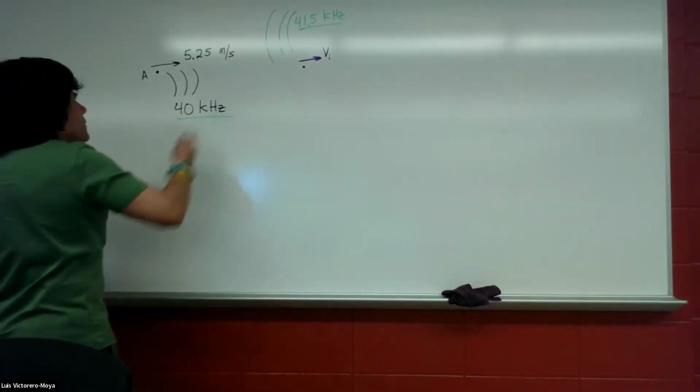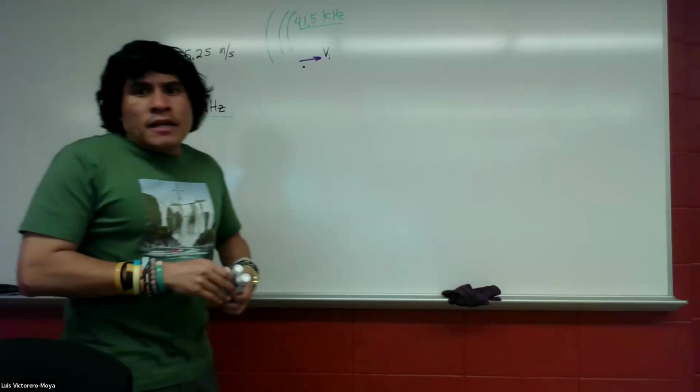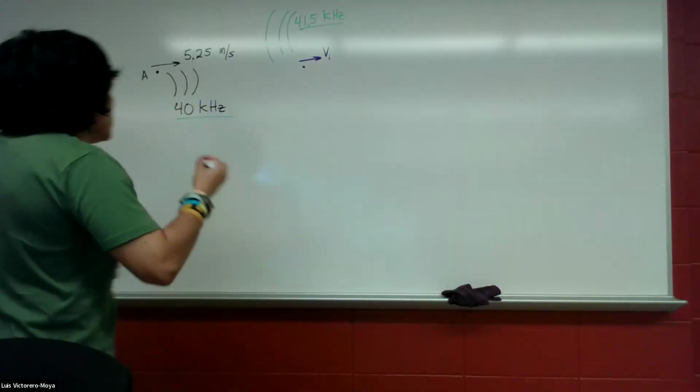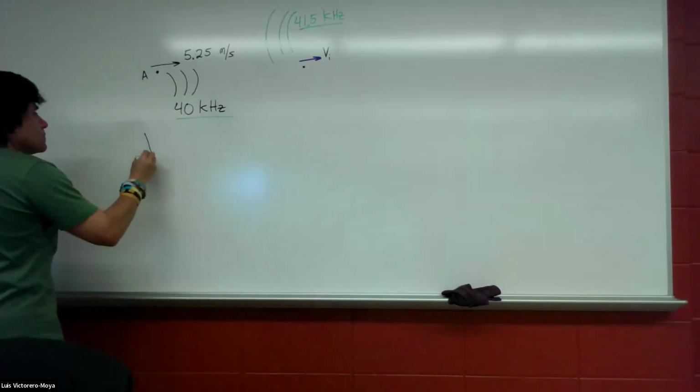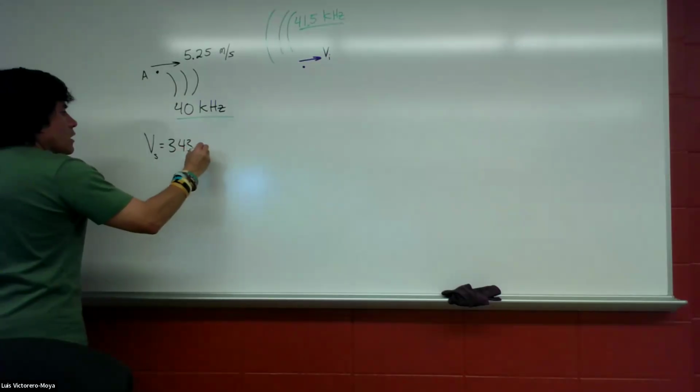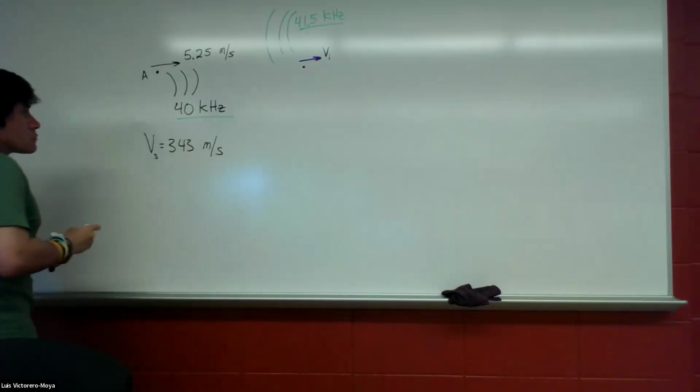So there are different numbers than what you are given in the problem. And the idea is to find the speed of the insect, taking the speed of sound as 343 meters per second.